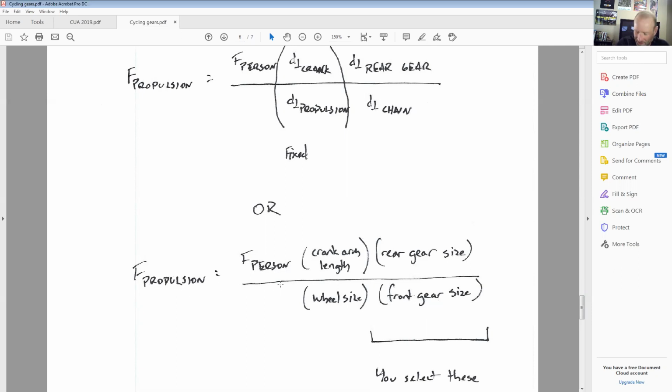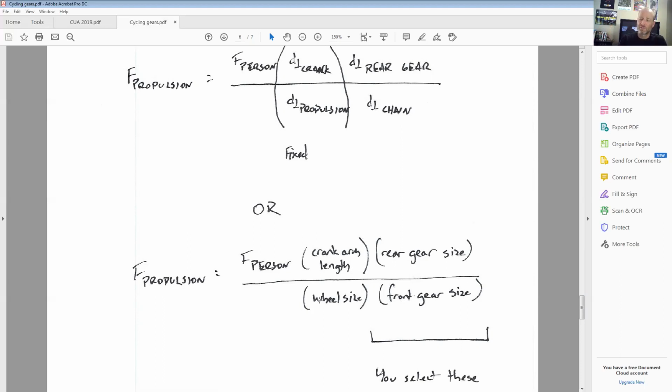The downside of that, thinking of gear inches, is that for every pedal revolution, when these two are the same size, I get very few wheel revolutions. If the rear gear and the front gear are the same size, for each pedal revolution I'll get one wheel revolution, which means my bike is only going to go as far as one circumference of the wheel for every pedal revolution.